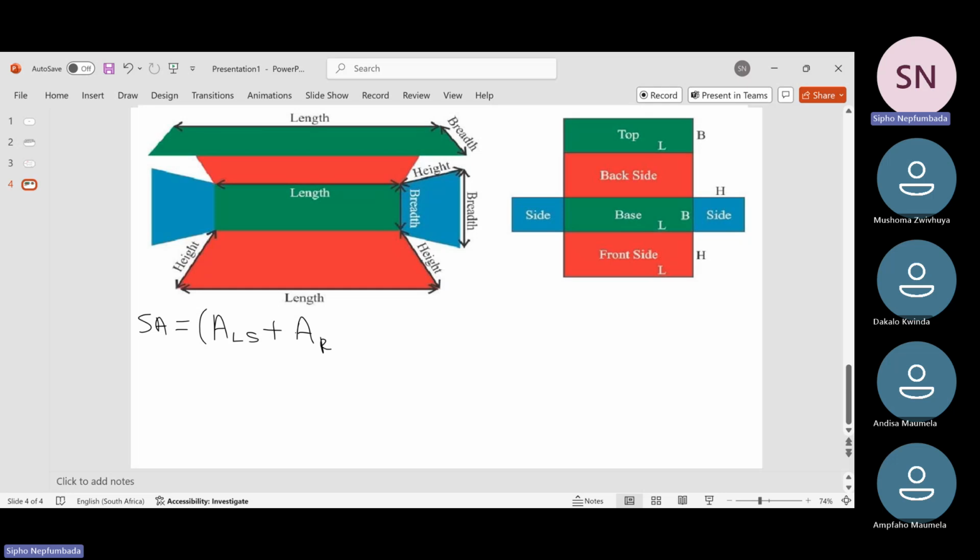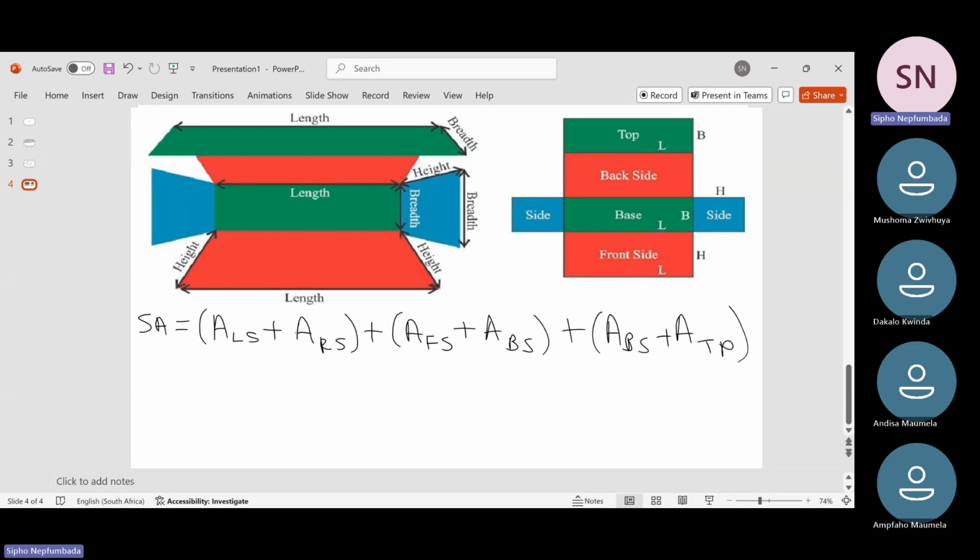And the area of right side RS plus again the area of front side plus the area of back side plus again the area of bottom side plus the area of top side. There we go.